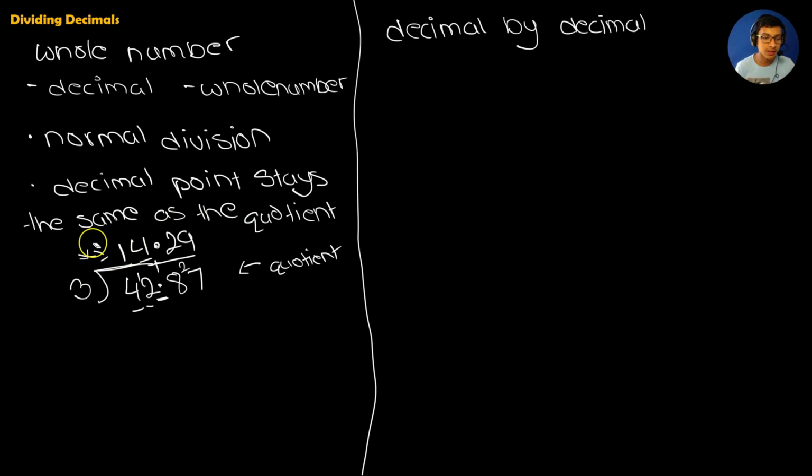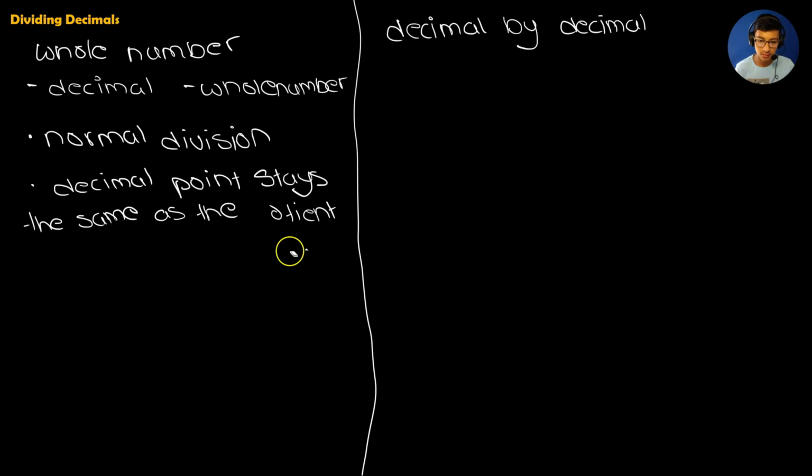See friends, it's that easy. So let's try another one. For our next example, we have 0.0234 divided by 4. Let me write it a bit neater.